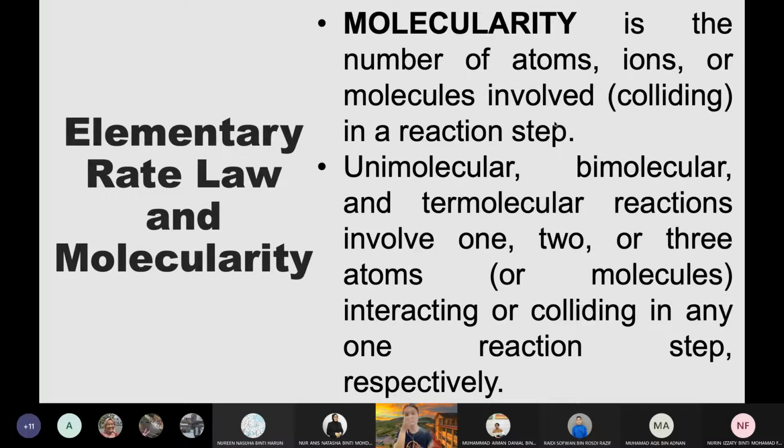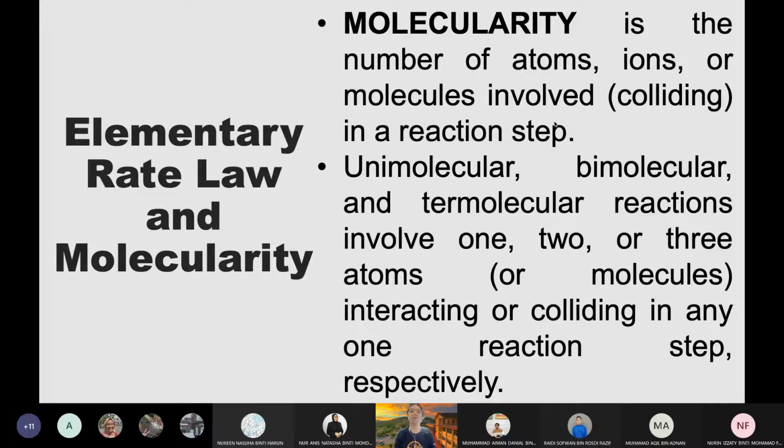So it's not necessarily only molecules, it can be atoms, it can be ions. Okay, so maksudnya if you have unimolecular, bimolecular, termolecular, reaction involves 1, 2, 3 atoms or molecules interacting or colliding in any one reaction step.